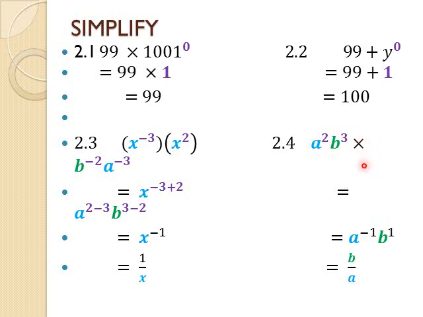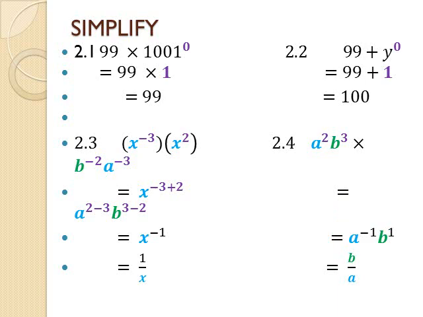It becomes 3 minus 2. 2 minus 3 gives me negative 1. 3 minus 2 gives me positive 1. My final answer is not allowed to have a negative exponent. So that is negative on top, I must take it to the bottom to make it positive, so b over a.